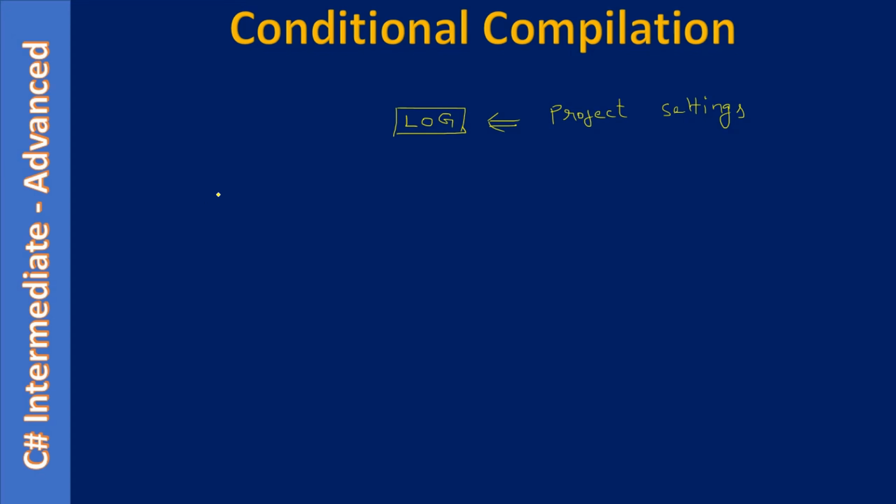Say for example, we will have a list of code. Then we will have a tag like this inside our code. When this switch is not turned on, the compiler will compile this piece of information.